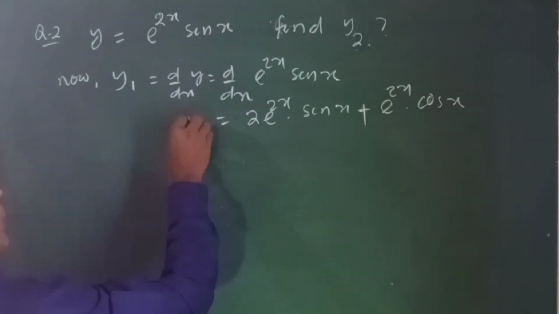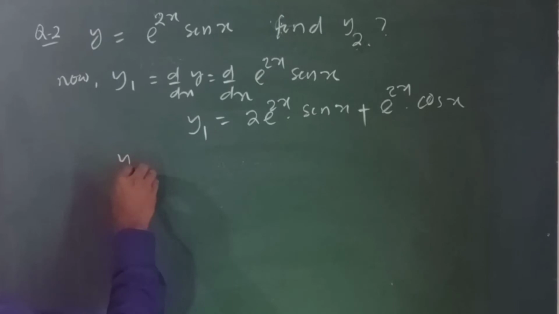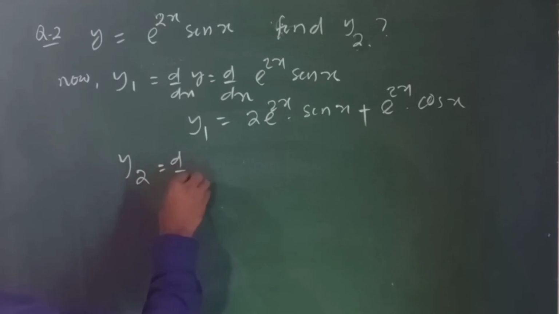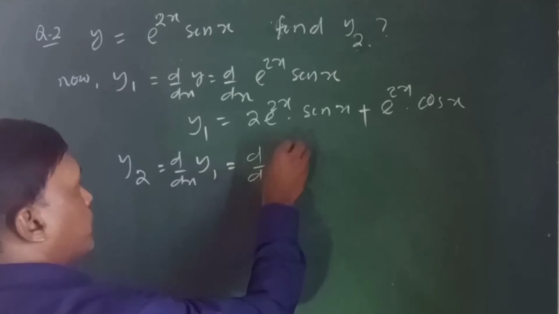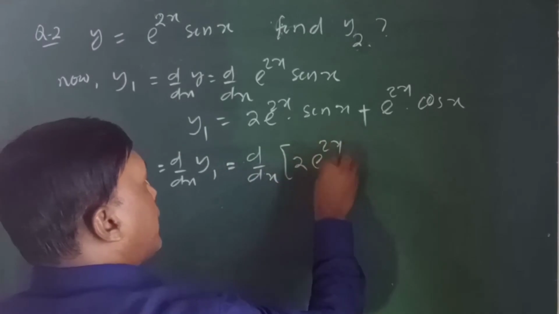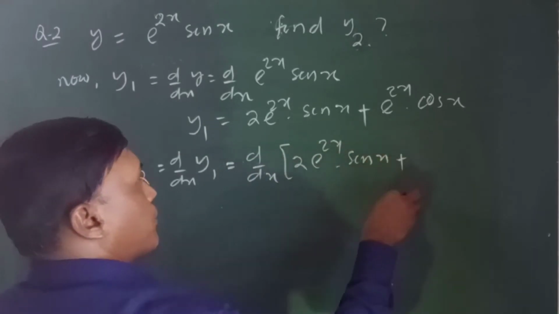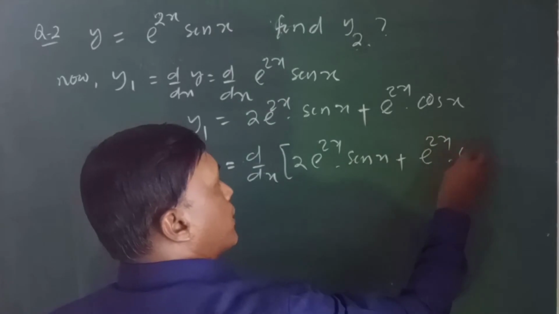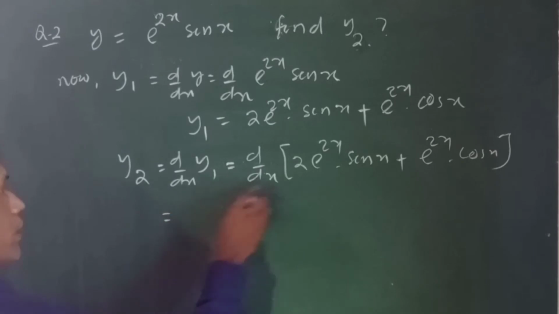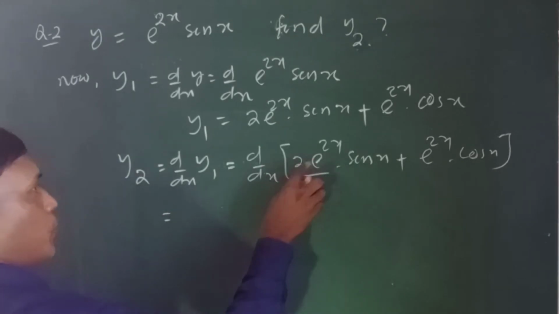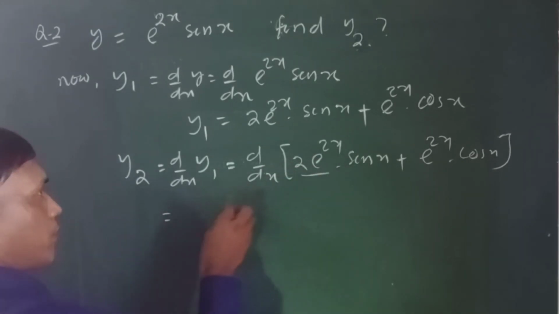So this is y1. Now y2 is derivative of y1. This is a derivative of 2 into e to the power 2x into sin x plus e to the power 2x into cos x.